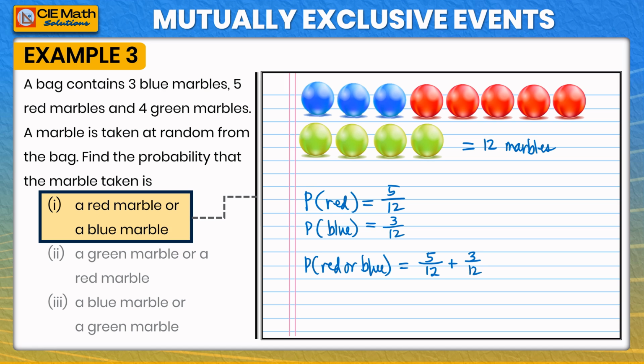Adding these two probabilities will give us 8 over 12. Or, in simplest form, we have 2 over 3. So the probability then of getting a red or a blue from the bag is 8 over 12 or 2 over 3.